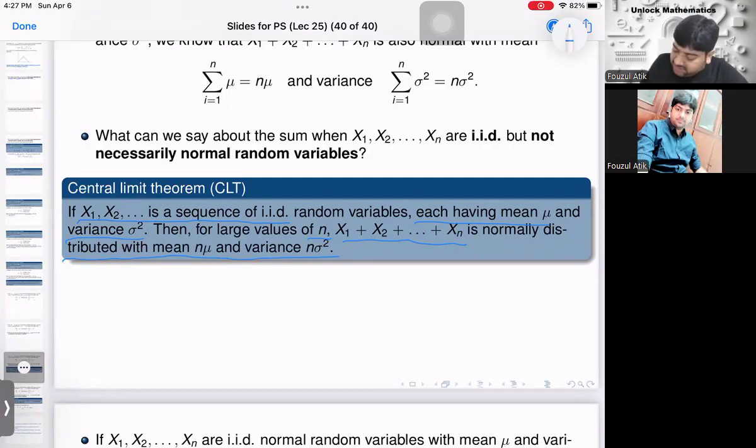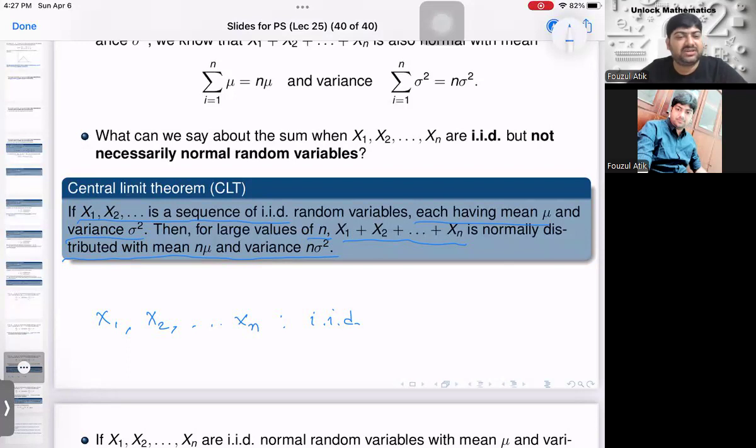Right? So X1, X2, ..., Xn are IID. They can be any random variables, but they should be IID. It can be discrete type also; it is valid for discrete type as well as for continuous type.